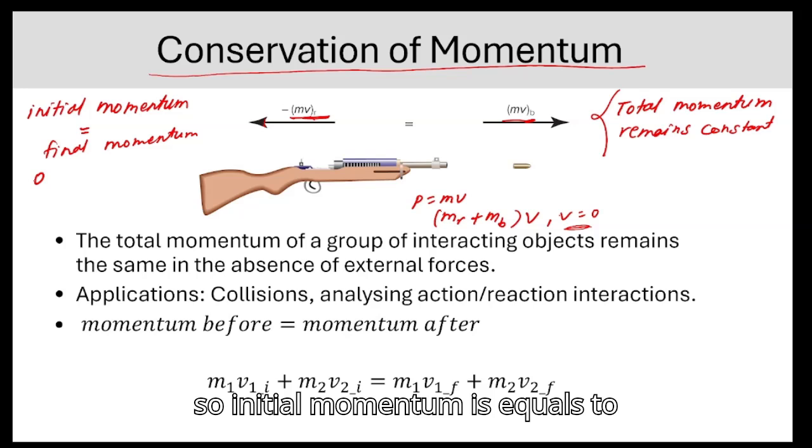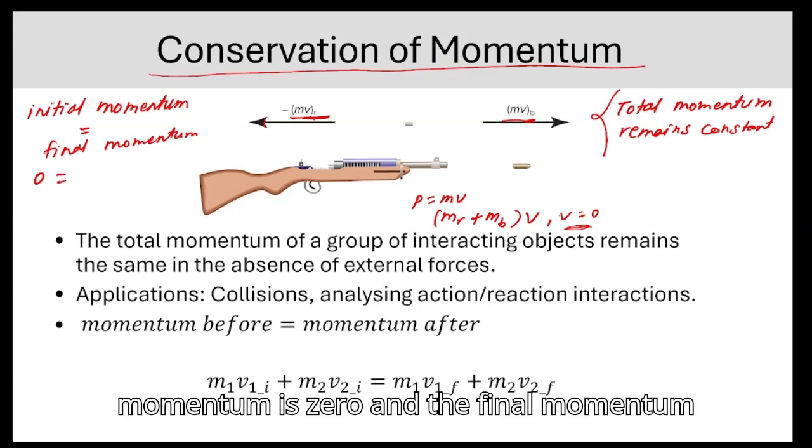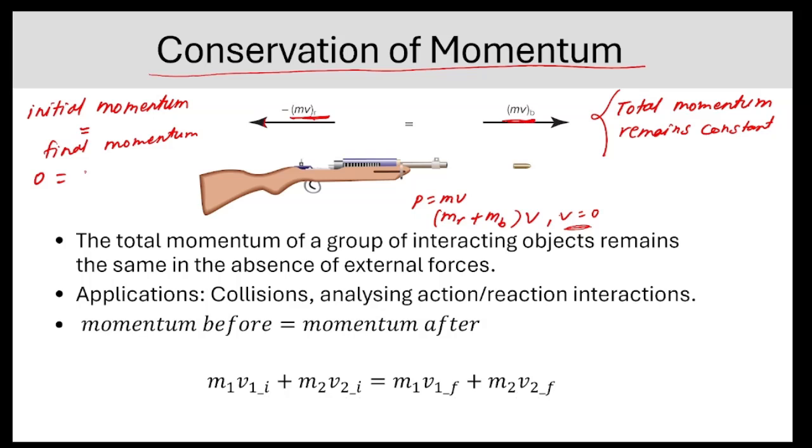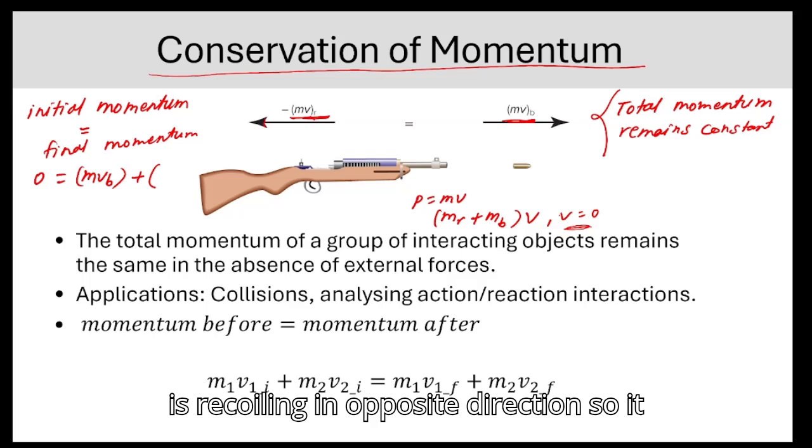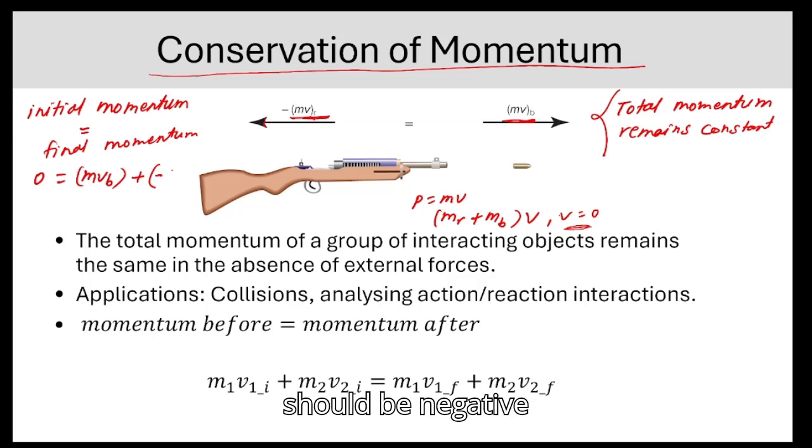The final momentum is the momentum of the bullet, mv of bullet, plus the momentum of the rifle. But we should note that the rifle is recoiling in the opposite direction, so it should be negative.